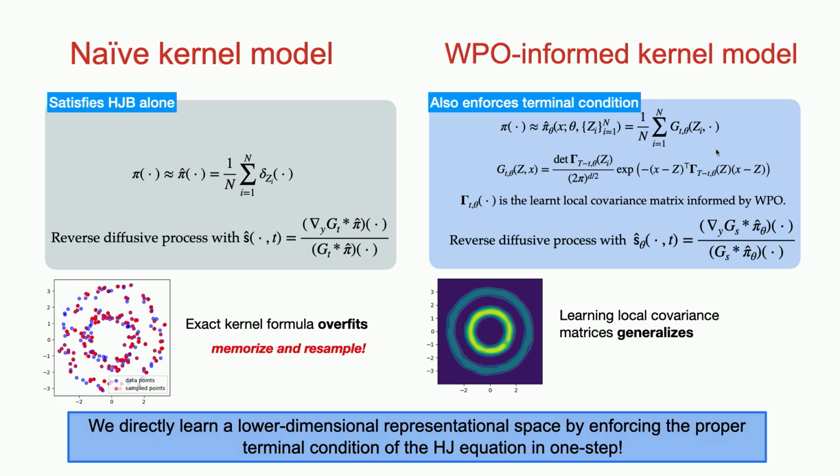But with the newly proposed approach, where we're trying to learn generalized kernels and then do the reverse diffusion process using these kernels, we're able to see a better generalization result. So what we are trying to say is, we are able to learn a low-dimensional representation space by enforcing the proper terminal conditions of the equations in one step.